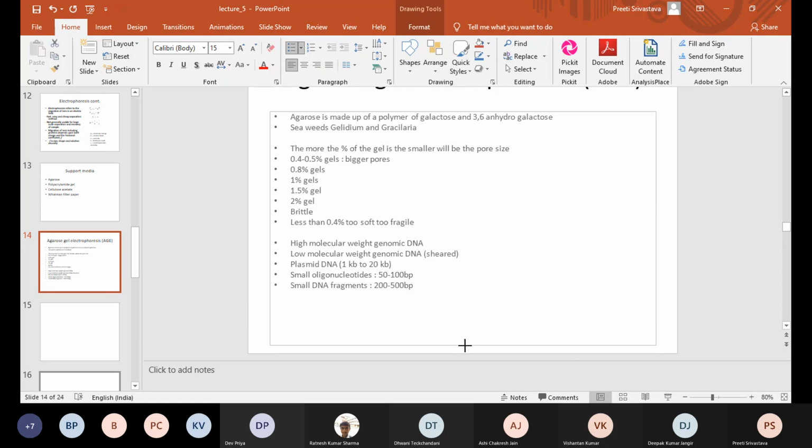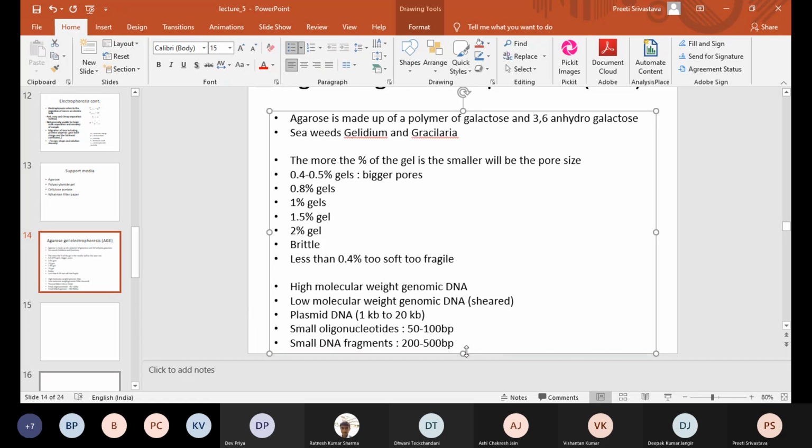So now, based upon the logic that we discussed just now, the lesser the percentage of the gel, the bigger the pore size. The higher the percentage of the gel, the smaller the pore size. Inverse correlation. So now you are going to tell me which one will go where.